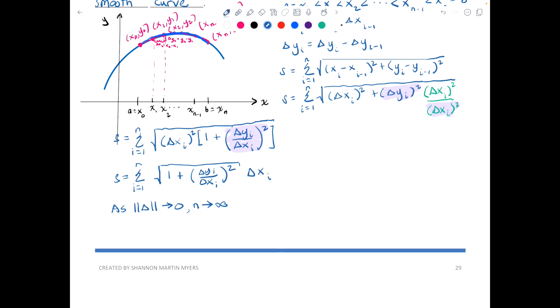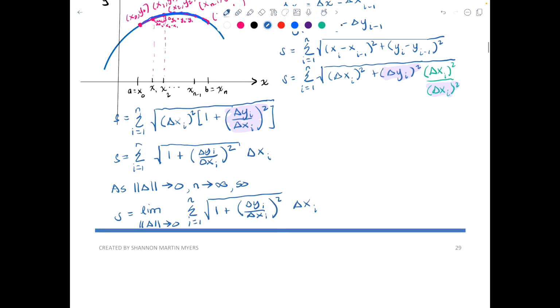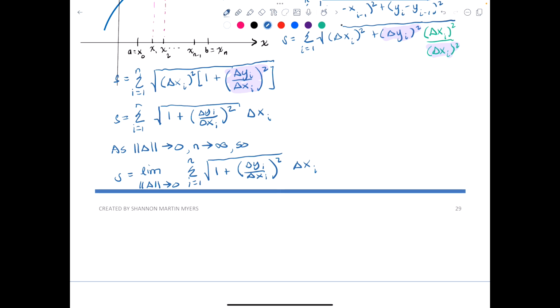And so because of this, we can say that S is equal to the limit as the norm of delta approaches 0 of the summation from i equals 1 to n of the square root of 1 plus delta y_i over delta x_i squared, times delta x_i, which is a factor to that square root.